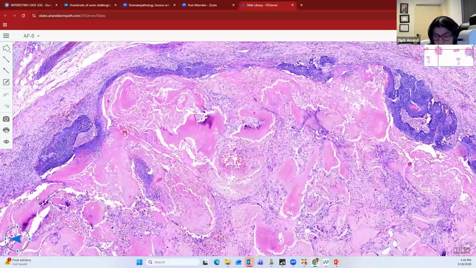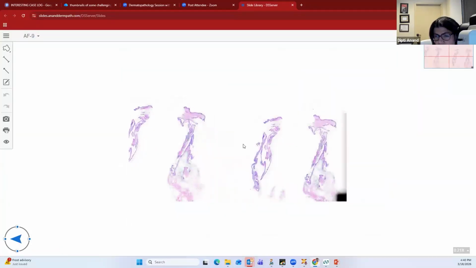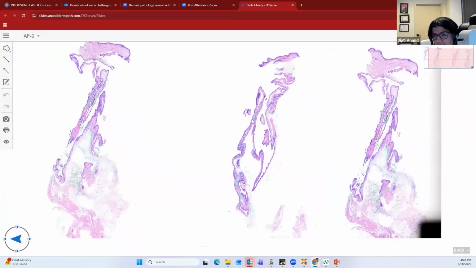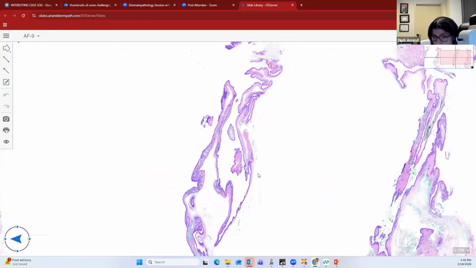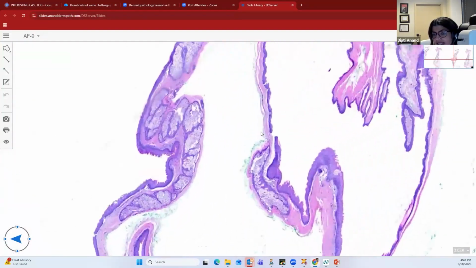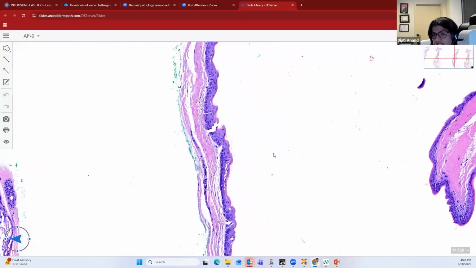Okay. Now, let's come to your next cyst, which is also a follicular tumor, which is a steatocystoma. So steatocystoma classically has a collapsed lumen. When you look at it at low power, the lumen looks kind of collapsed, and the lining epithelium of the lumen has this undulating pink eosinophilic epithelium.